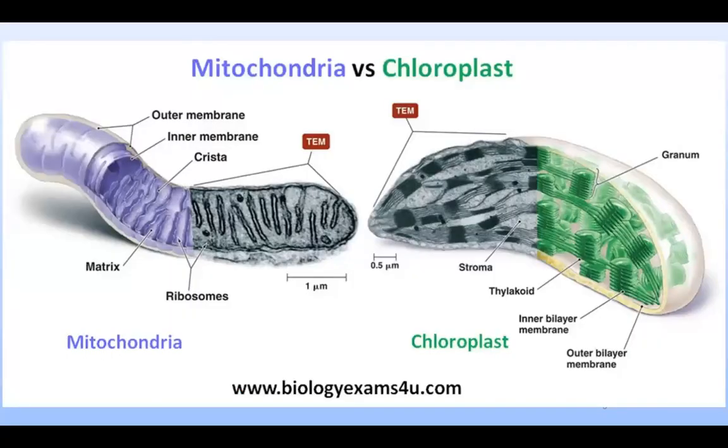So here we have a side-by-side mitochondria versus chloroplast. We've got the transmission electron micrograph that comes from an actual microscope, and then the purple and the green is just an illustrated version of the same thing. So again, you've got these stacks of thylakoids forming an inner membrane and the stroma, so that you can pump protons out of the thylakoid into the stroma through ATP synthase.